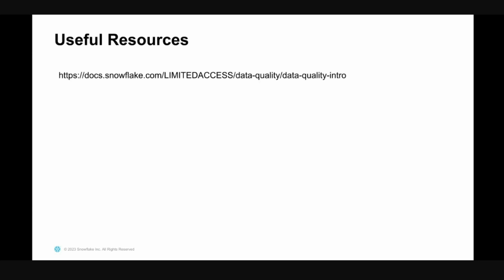And if you are interested in looking at the finer details of it, what works and what are the best practices, etc., you have Snowflake documentation available. Why this is called limited access is because the feature is currently in private preview. I'm hoping by the end of the month it's going to be available for everybody.